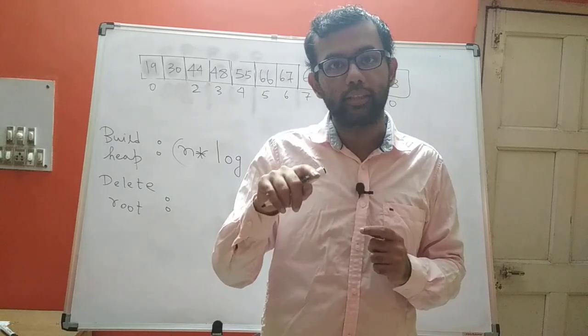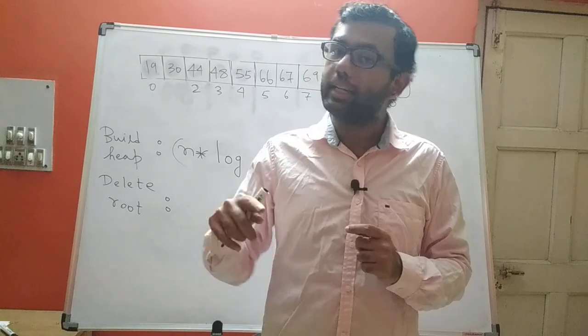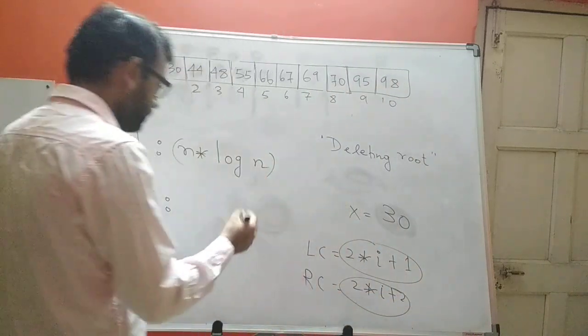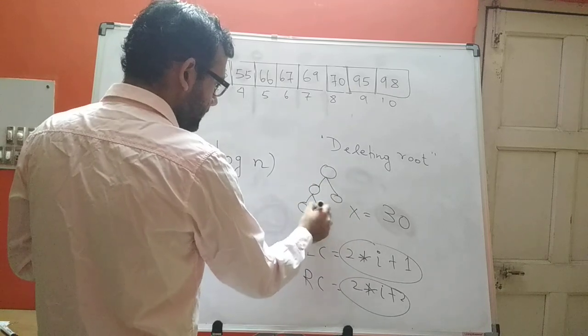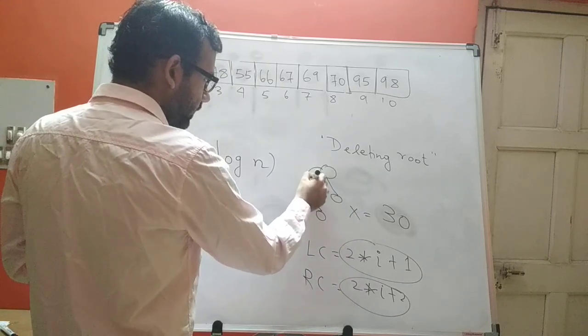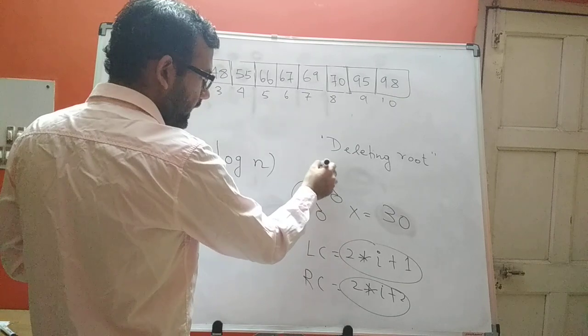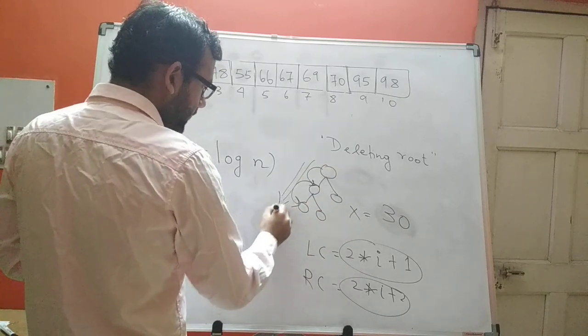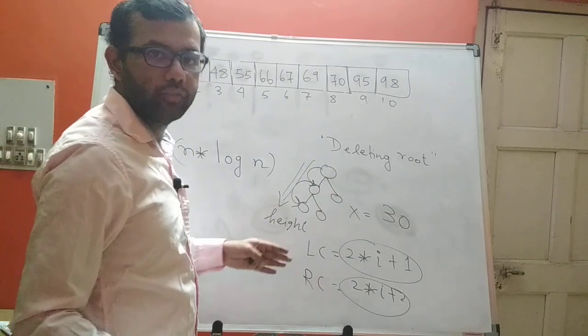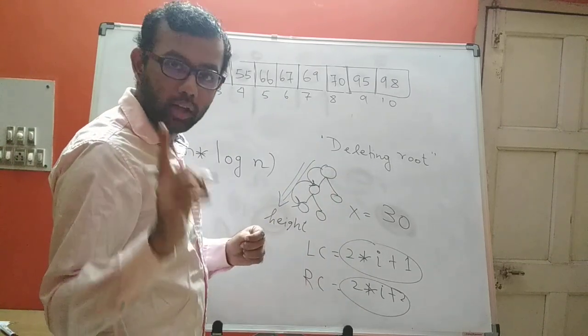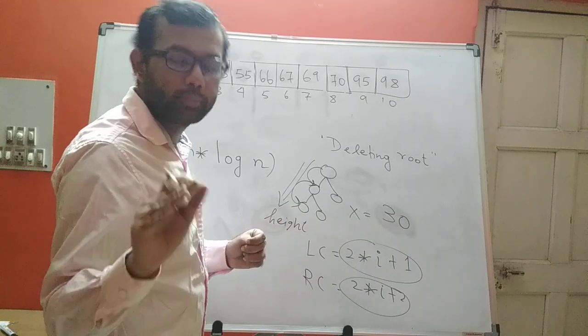And in the worst case, you would again have to travel till the height. So like you saw, we were deleting. Let's say the heap was something like this, and you are going here, and then again you are going here. So you are in effect traversing the entire height of the tree in order to delete one node in the worst possible case.